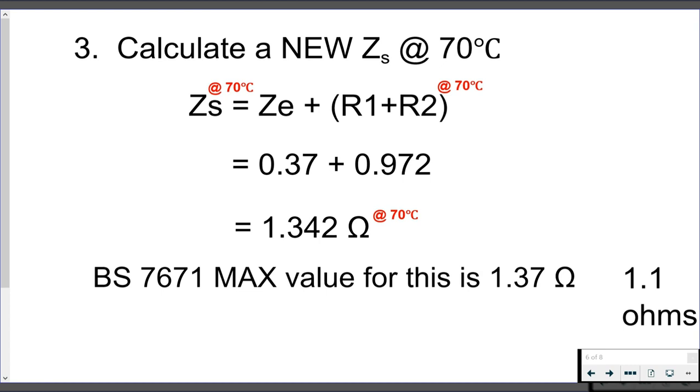So now that we've corrected that cold, ambient temperature cable and brought it up to full load conditions, we can see we have a new Zs of 1.342 ohms.